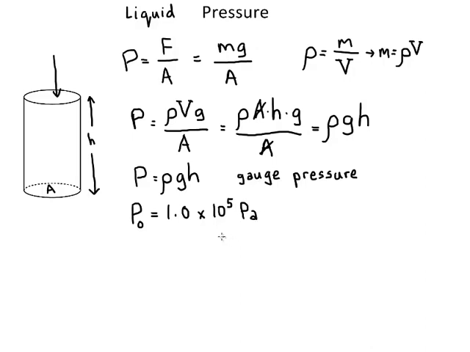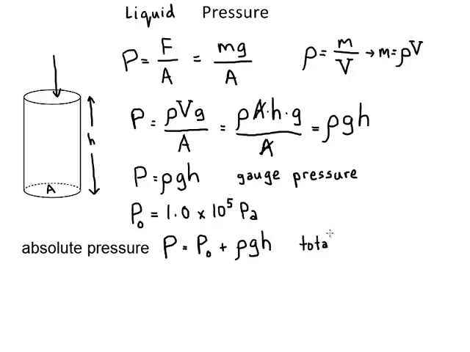The actual pressure at the very bottom of our container is called the absolute pressure, and it's equal to that atmospheric pressure plus our gauge pressure, or rho G H. This, again, is called our total or absolute pressure. Sometimes you don't need to include the atmospheric pressure. If you have a container that is not open to air pressure at the top, then you don't need to add it in. But this is the general equation we're going to be using for fluid pressure.